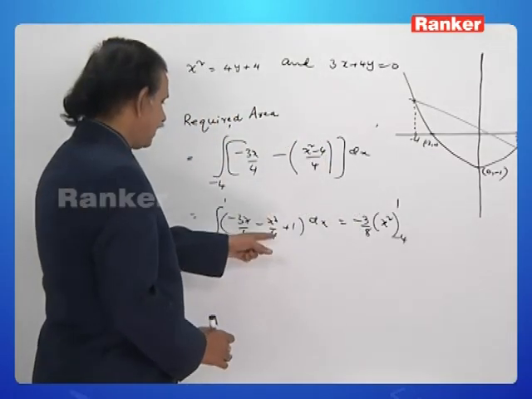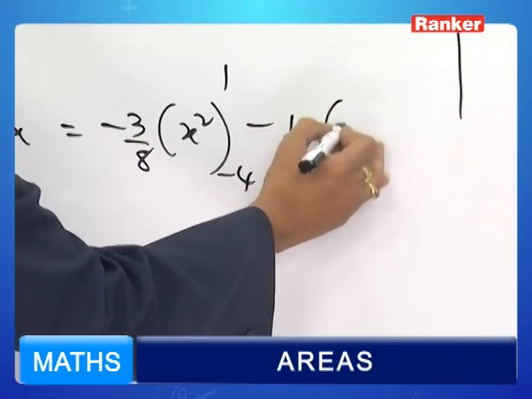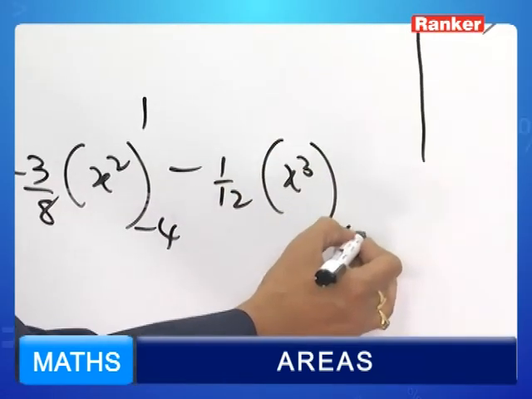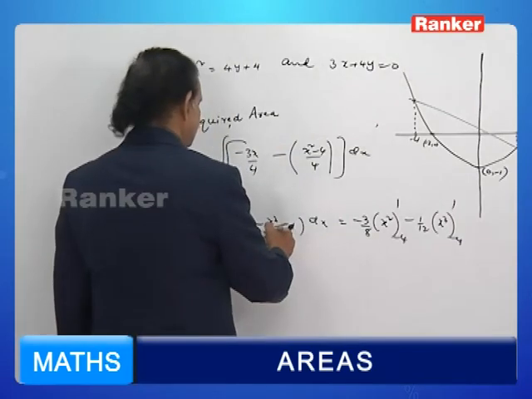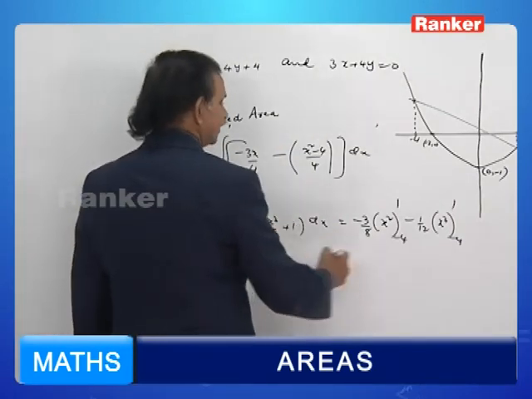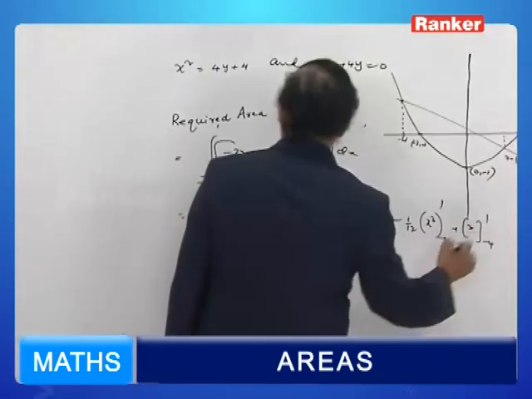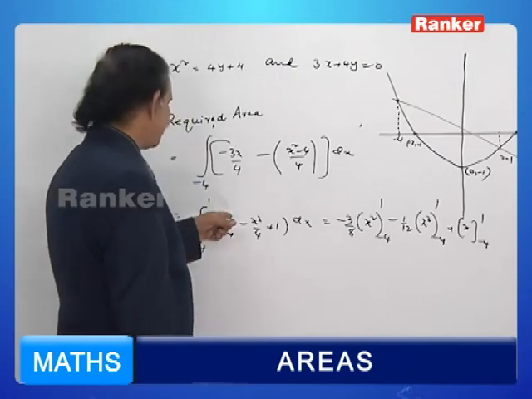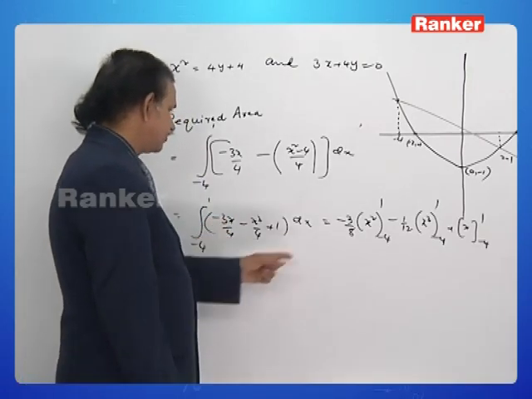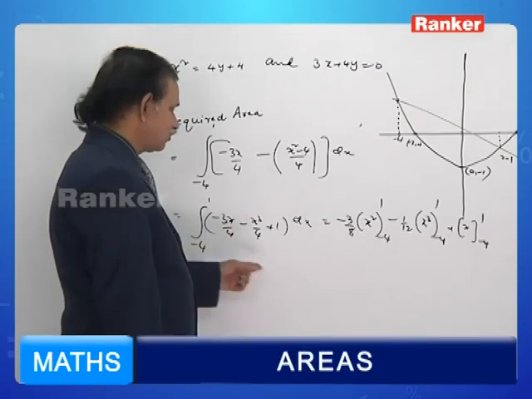This is x cube by 3, altogether x cube by 12, minus 1 by 12 into x cube, between the limits minus 4 and 1. This is x, isn't it? x between the limits minus 4 and 1. Minus 3 by 4 into x square by 2, that is minus 3 by 8 x square, minus 1 by 4 into x cube by 3, minus 1 by 12 into x cube.